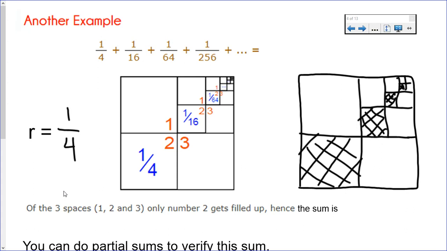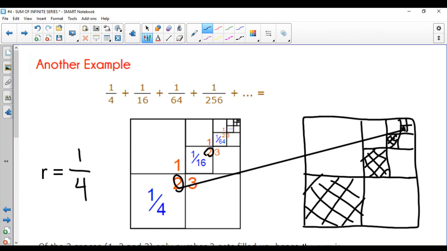But if you look over here on the left-hand side, of the 3 sections that are in red, you can see that each time when we take a quarter of them, only the number 2 slot gets filled up. That's it. Only the number 2 of the 1, 2, 3. 1, 2, 3, 1, 2, 3.